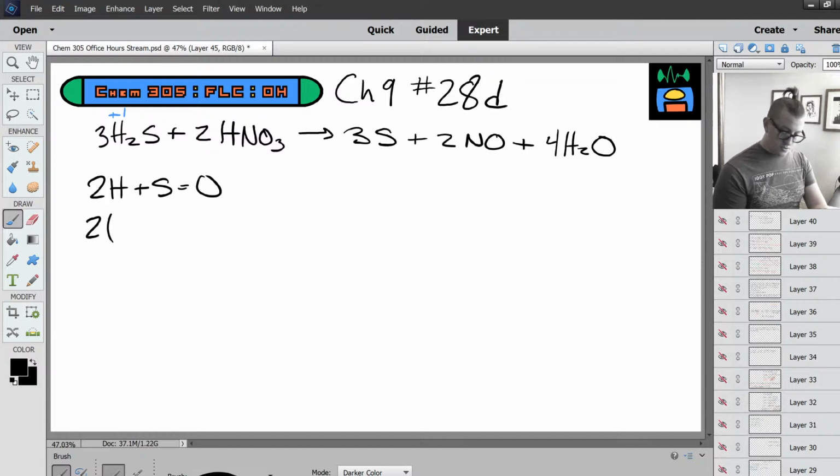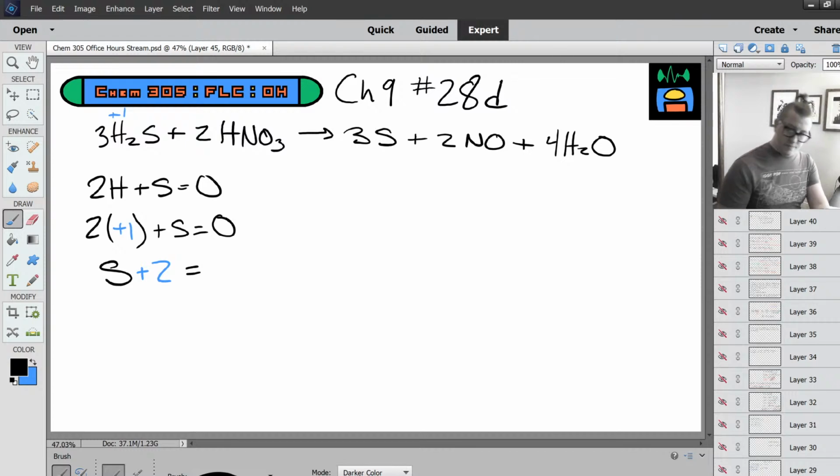So 2 times +1 plus sulfur is 0. If sulfur plus 2 is 0, then that means that sulfur has an oxidation state of -2.